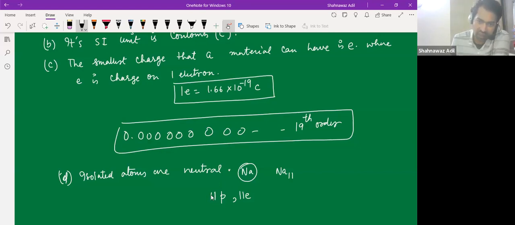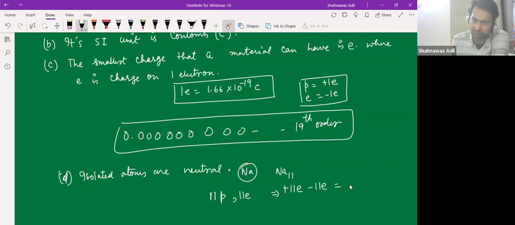So it will have 11 protons and 11 electrons, which means 11 protons is plus 11e, because the proton has charge plus 1. Electron has minus 1 charge, right? So 11 protons have plus 11e charge, 11 electrons have minus 11e charge. So this is all isolated atoms.